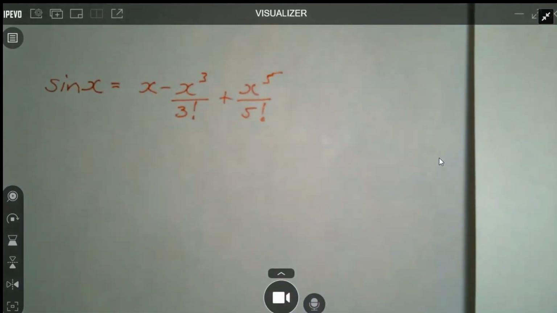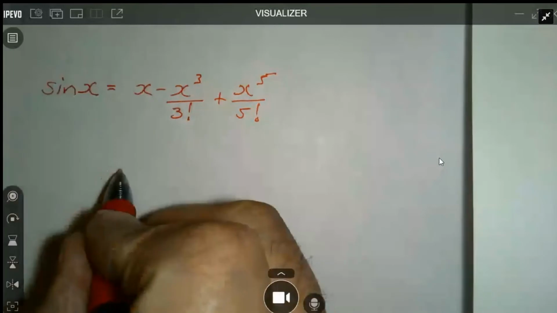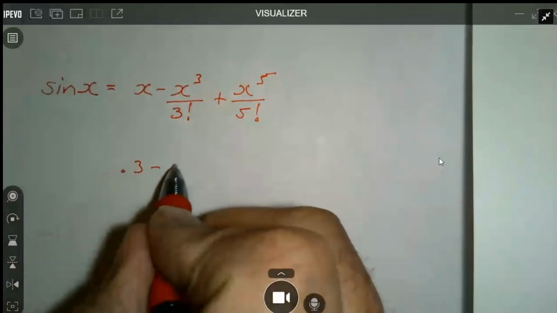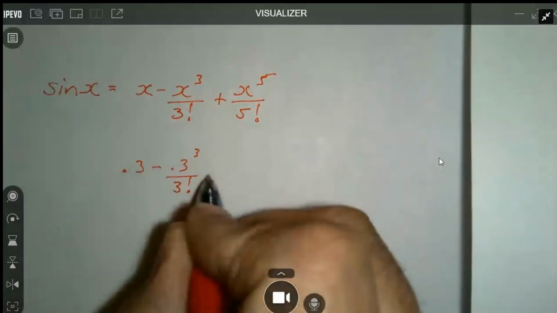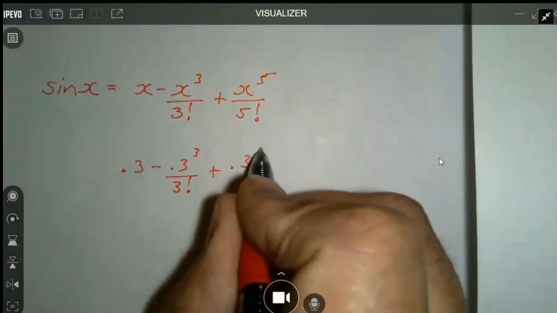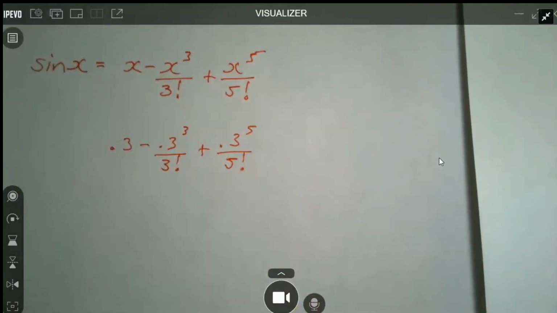Okay, so what I had originally thought, to get the largest possible error, you look at this and say, oh, that's an alternating series. Okay, that's nice. If you look at 0.3 minus 0.3 cubed over 3 factorial plus 0.3 to the fifth over 5 factorial, you notice this is an alternating series.